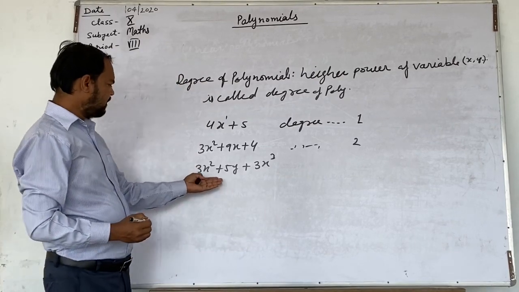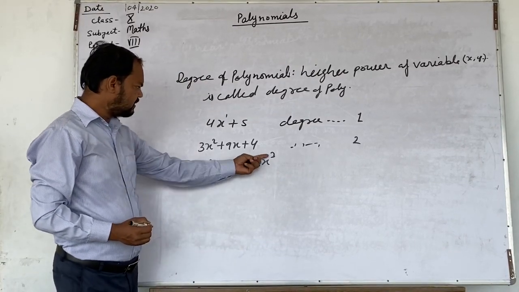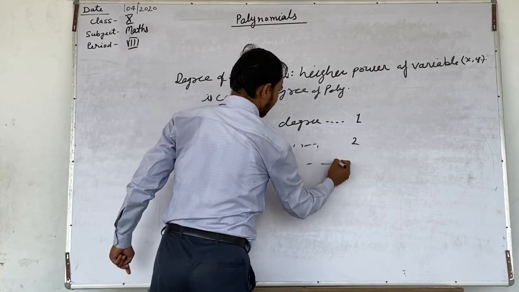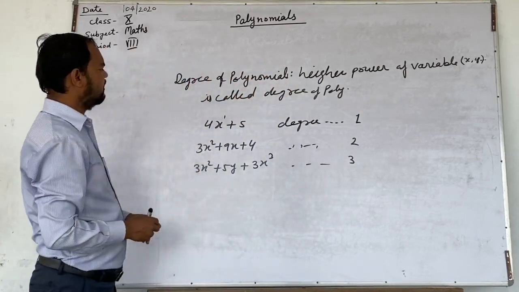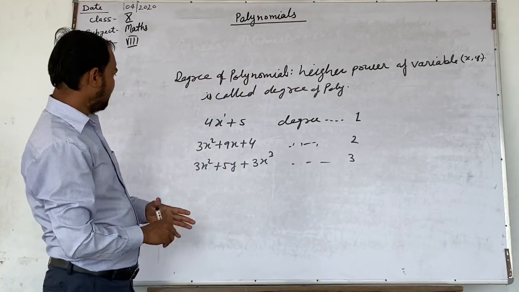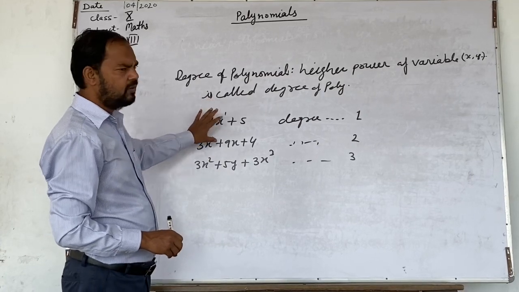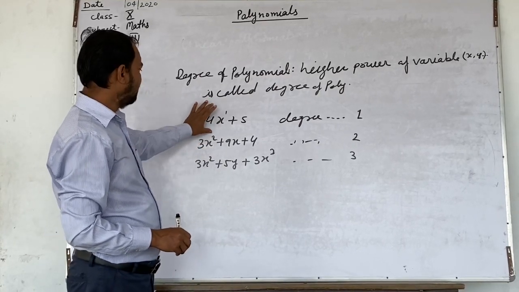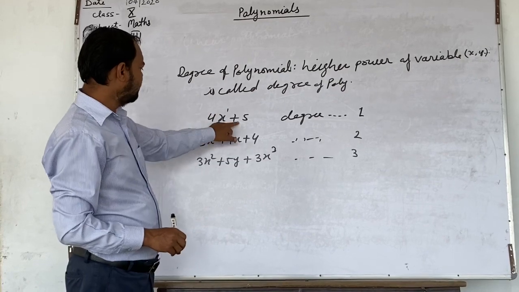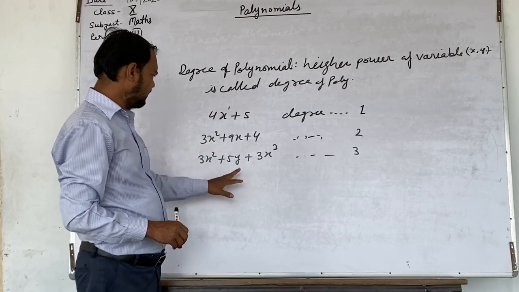See, in this type of polynomial, higher power is 3. So degree is 3. Right? Degree, what is degree? Highest power of the variable in the expression, in the polynomial. This contains 2 terms, 3 terms, and 3 terms.